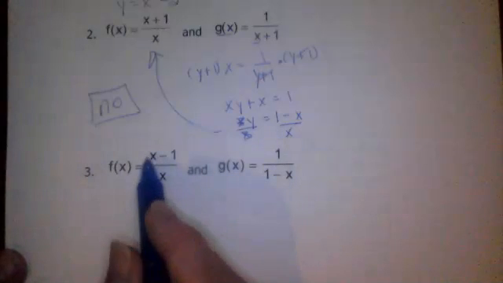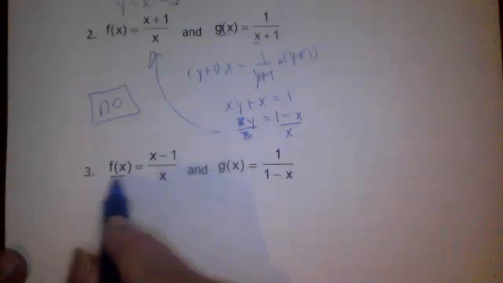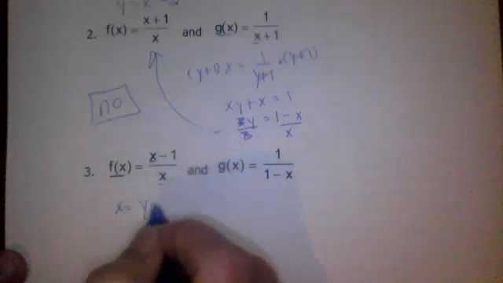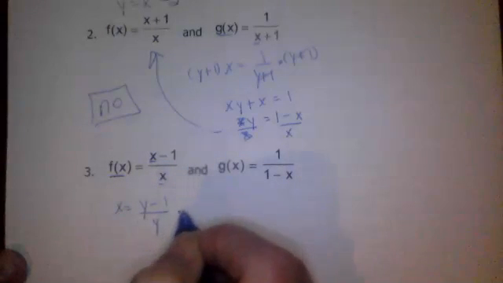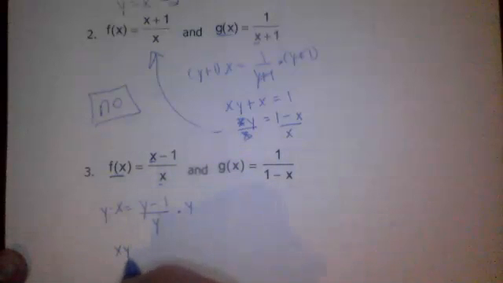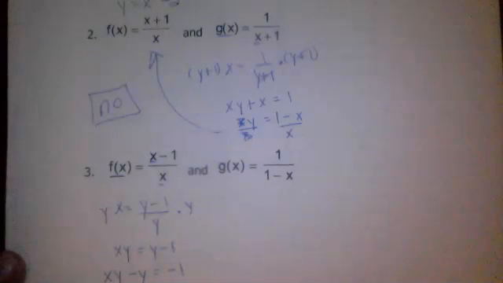You have an extra step, I believe. But we're just going to switch this for x and both of these for y. So x equals y minus 1 over y. Multiply both sides by the denominator. So we have xy equals y minus 1. We have to get the y's on the same side. So we have xy minus y equals negative 1.